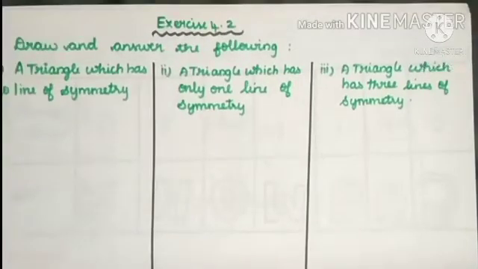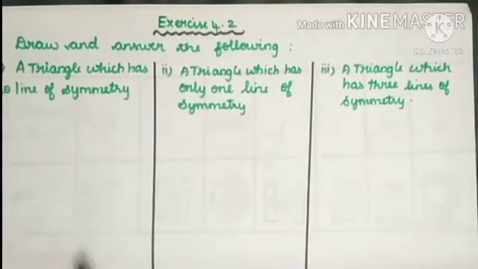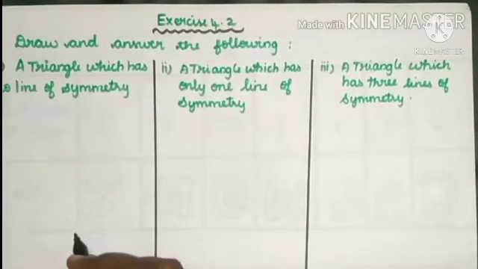Students, guess which triangle has three unequal sides. If the three sides are different, it is an isosceles triangle or a scalene triangle. Yes, scalene triangle. A scalene triangle has three different sides.